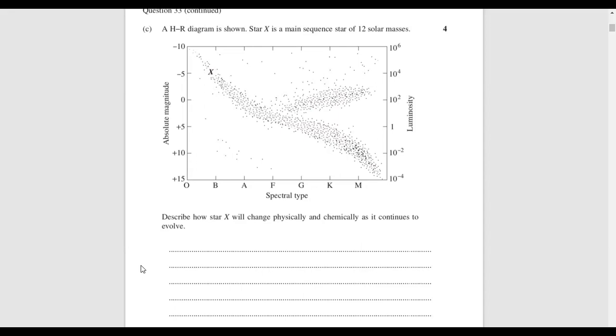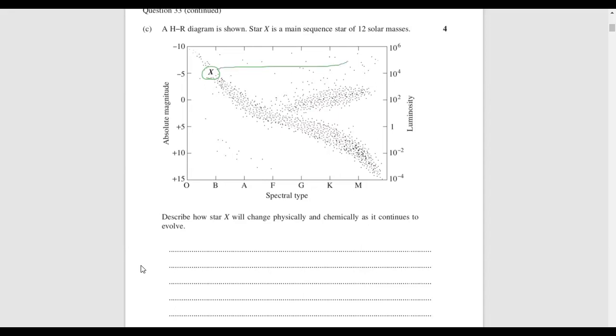Right now, star X is a main sequence star. But because it's a main sequence star, it's going to run out of hydrogen to convert into helium. At some point it will run out of hydrogen, the inside will start collapsing and the outside will expand.